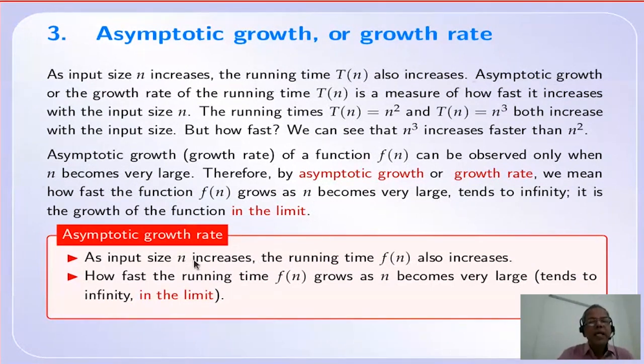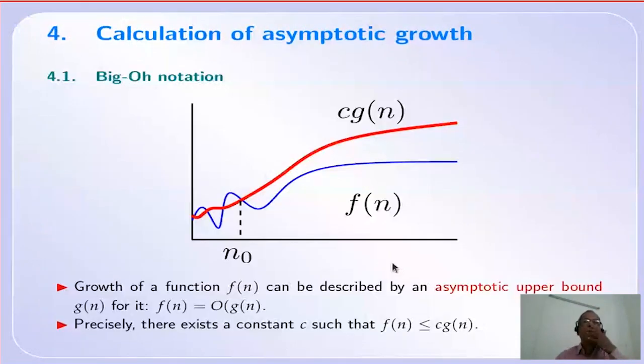So, as n approaches infinity, f of n also increases, no doubt. Our interest is how fast f of n grows as n becomes very large, approaches infinity or in the limit. Let us define these three asymptotic notations, big O, big omega, and big theta.